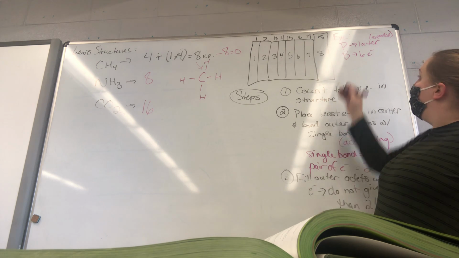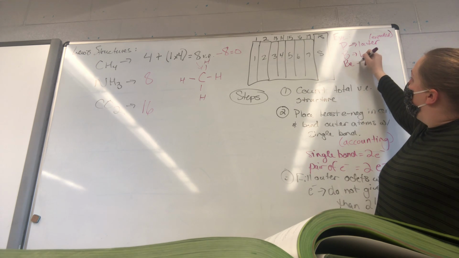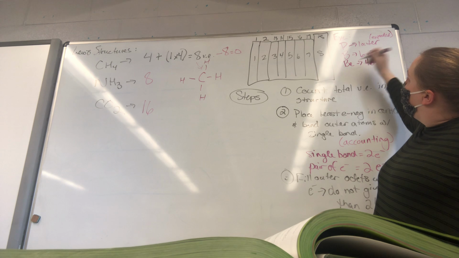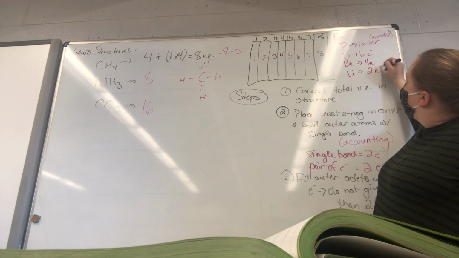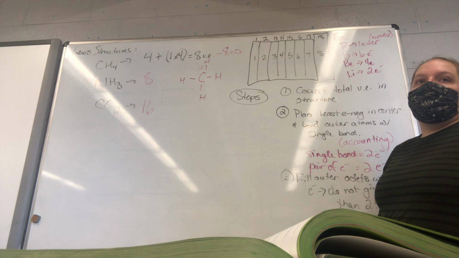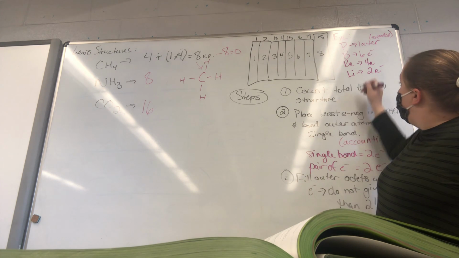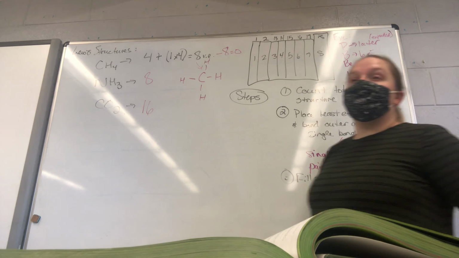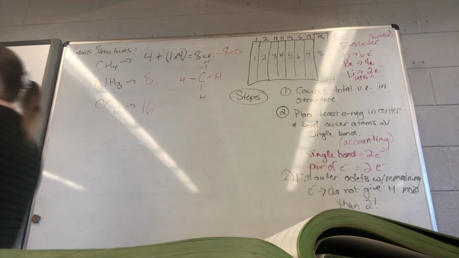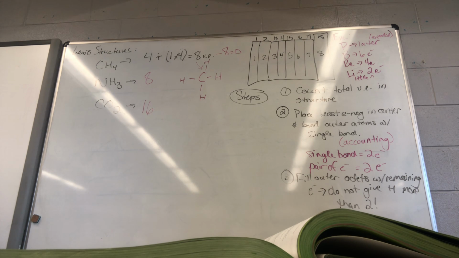What about hydrogen and helium? Also only get 2 electrons. Those were our exceptions to the octet rule.